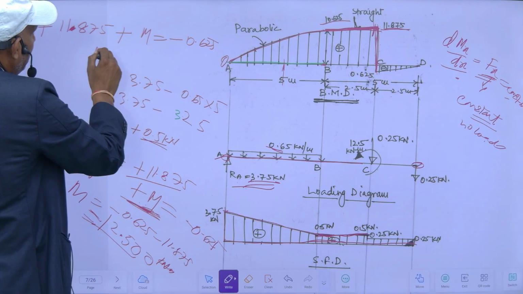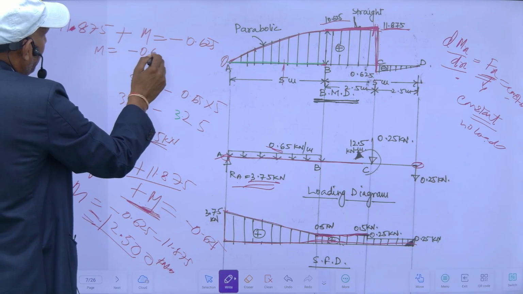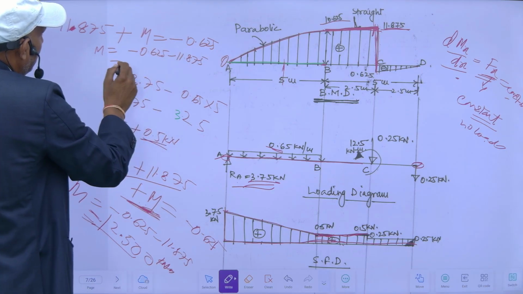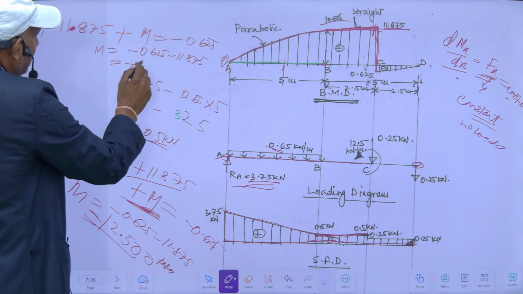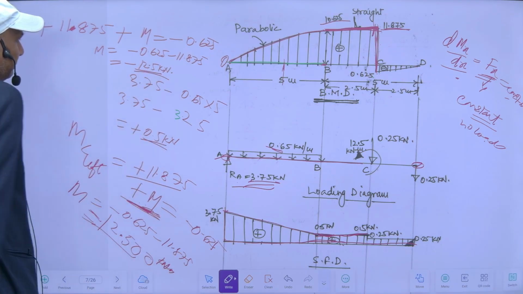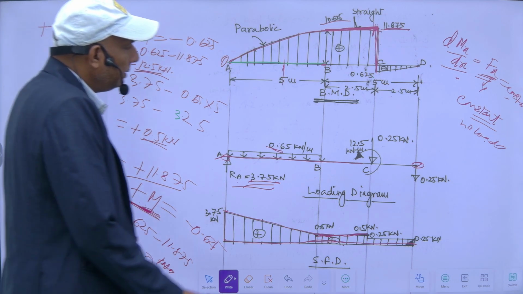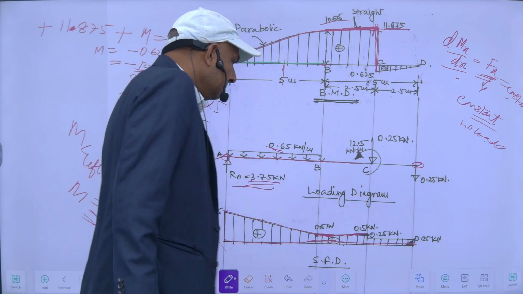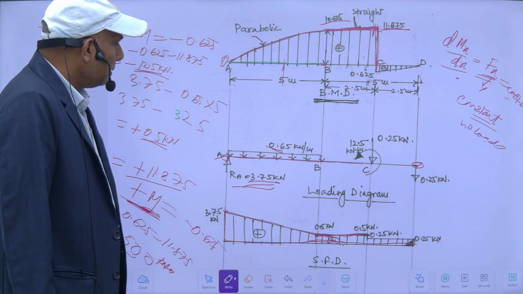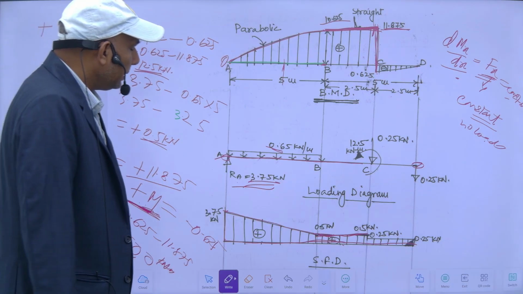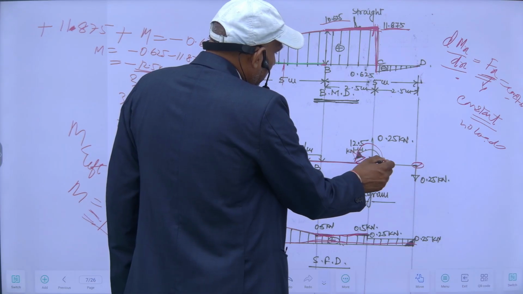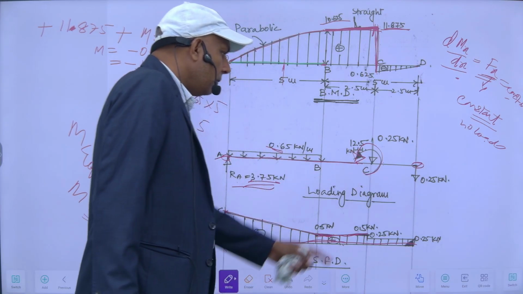So M will be minus 0.625 minus 11.875. So it will be minus 12.5 kilonewton meter. So minus means, if I see from here, then it will be like this. So from this side it will be hogging.